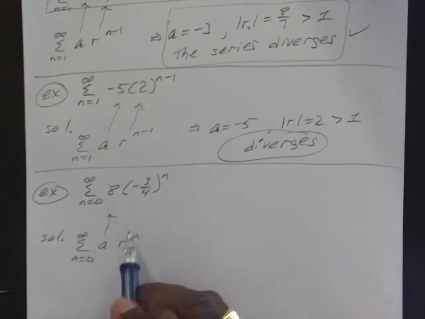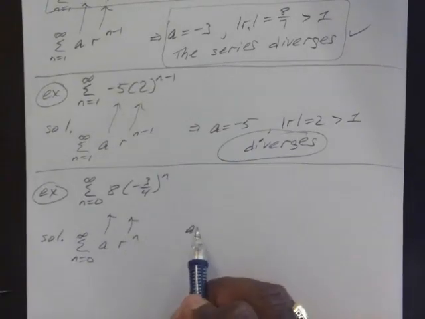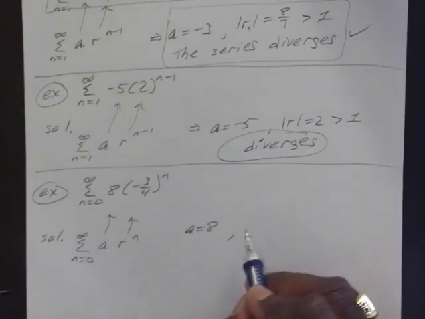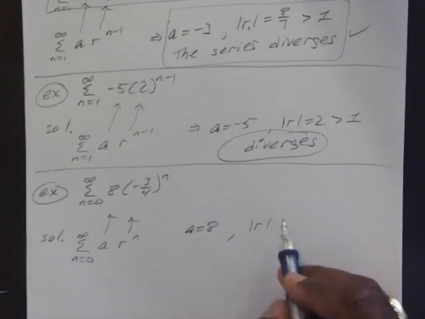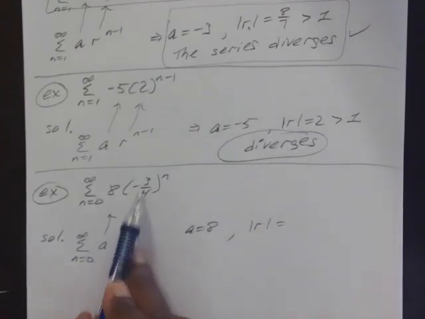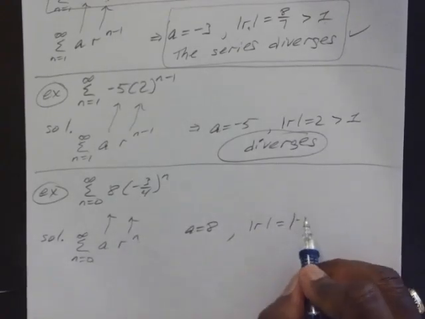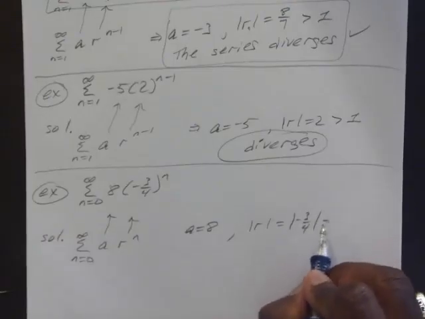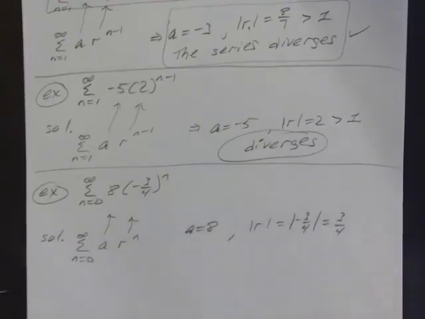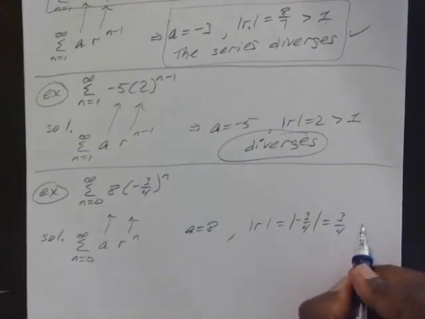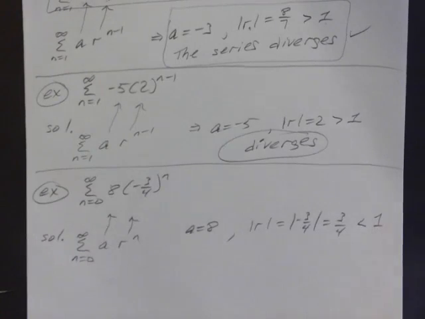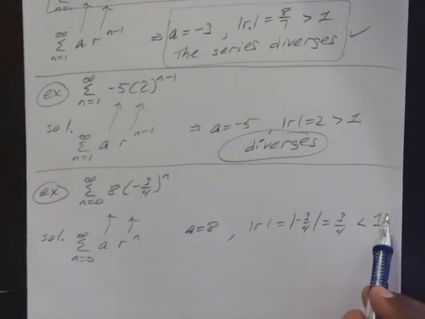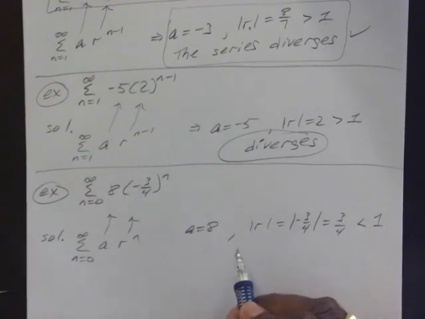So we know here a is equal to 8, and the absolute value of r, which is the absolute value of negative 3 over 4, is just 3 over 4, which happens to be less than 1. So because this is less than 1, the series converges.